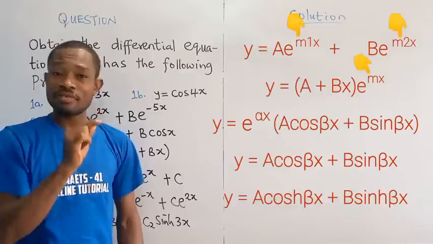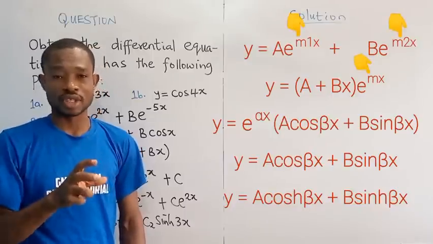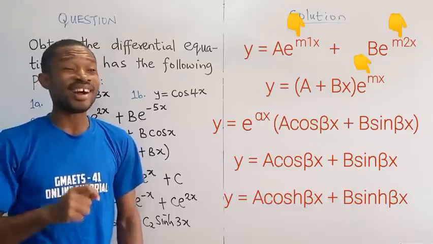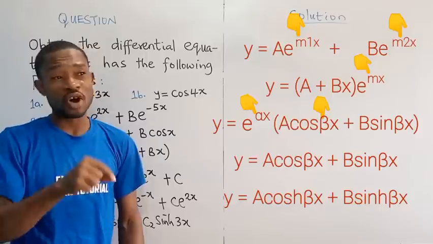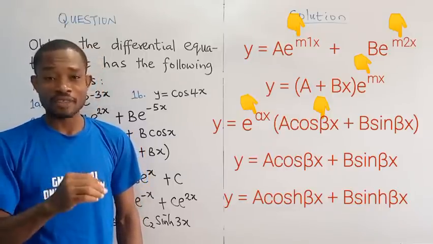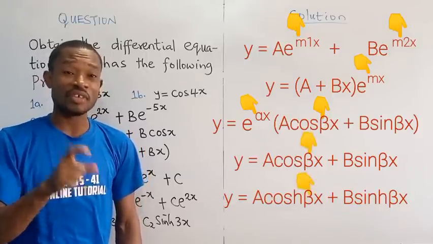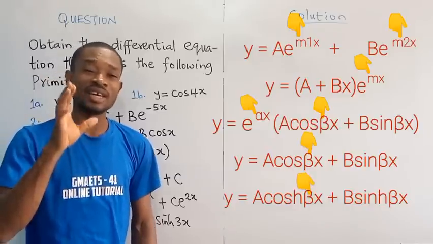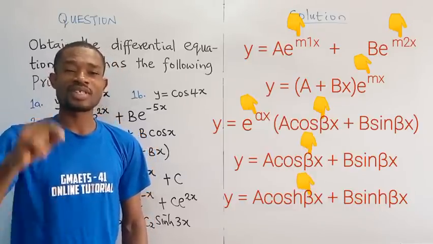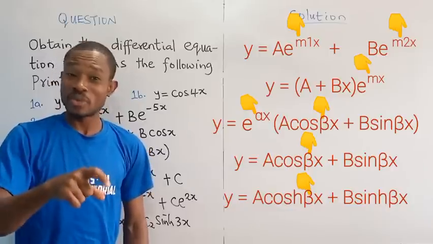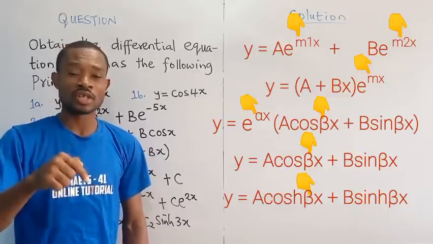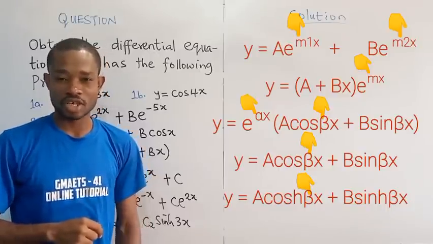The m that you have there are the roots of the equation. Now solution 3, the alpha and the beta you have there form the roots of the equation. Solutions 4 and 5, the beta that you have there forms the root of the given equation. The equation I'm talking about here is the auxiliary equation, the quadratic equation, as the case might be, that is obtained from the homogeneous second order ordinary differential equation.